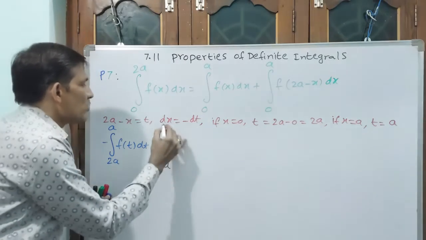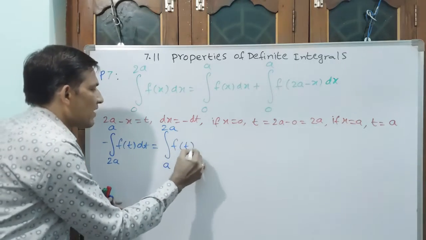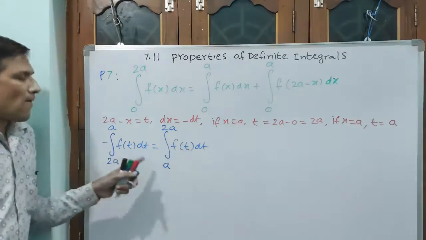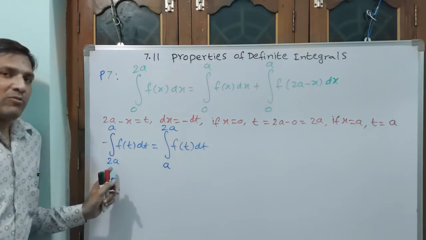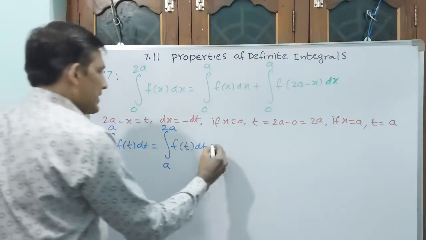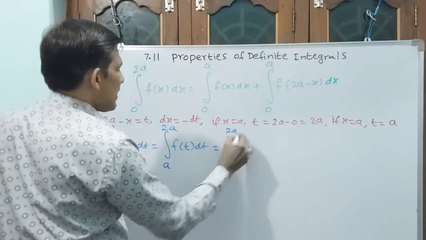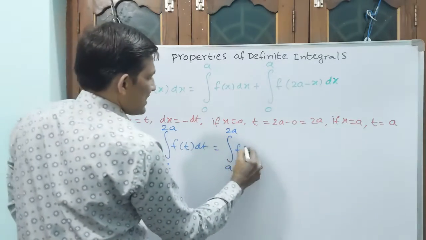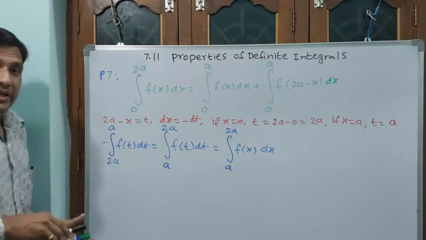From a to 2a, minus will not be there, f of t dt. Lower limit is going to become upper limit and upper limit is going to become lower limit, minus is going to be cancelled, f of t dt. Now what can be done with this? You can write like this: a to 2a, but rather than f of t dt, you can write this as f of x dx.